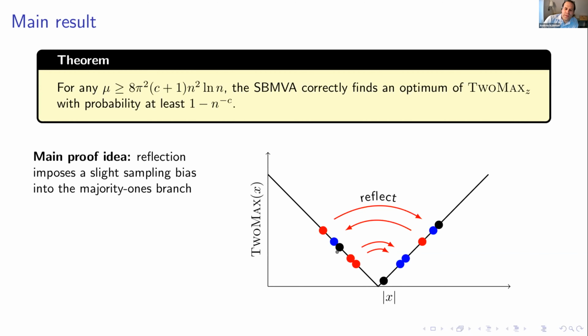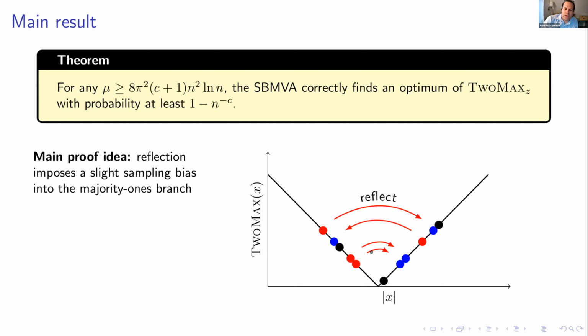So what happens is when we sample, some of the strings will be in the red subcube, and some of the strings will be in the blue subcube. All right. And some of the red subcube strings will be on the majority ones branch, and some will be on the majority zeros branch. But when we reflect them, they're going to swap branches, right? So all we have to do is show that there's a slight sampling bias.